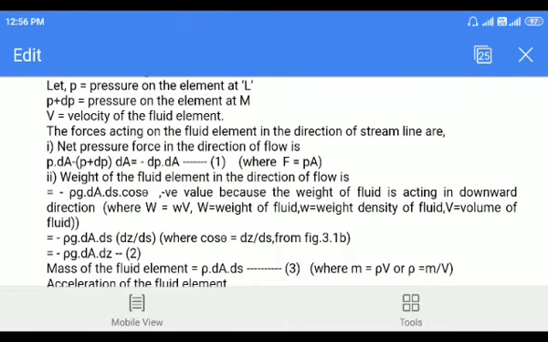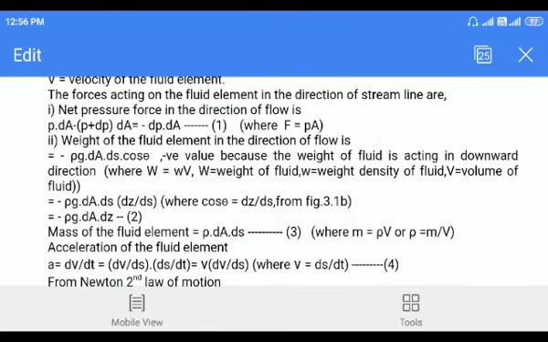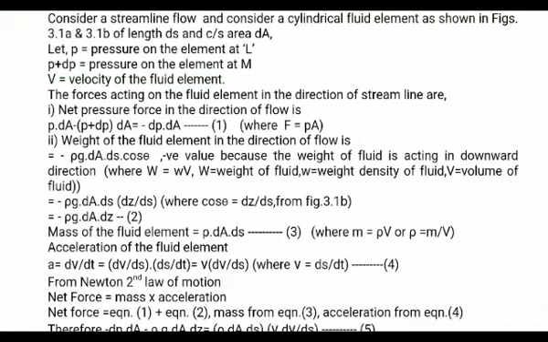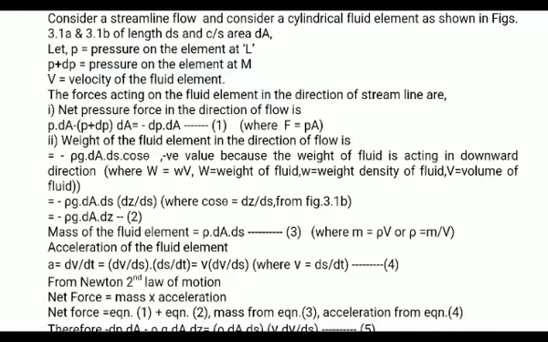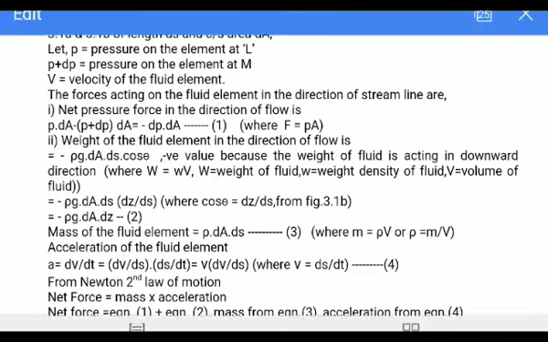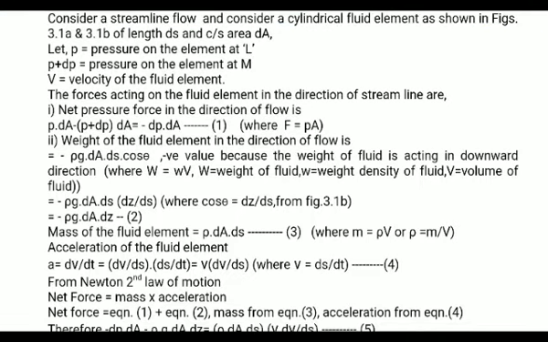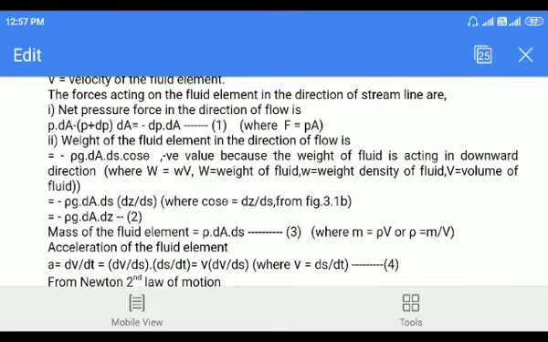This is the net force. Also, the weight of the fluid element in the direction of flow is minus rho g dA ds cos theta. You should remember here, the weight of the fluid is W equal to w into V, where capital W is the weight of the fluid and small w is the weight density.